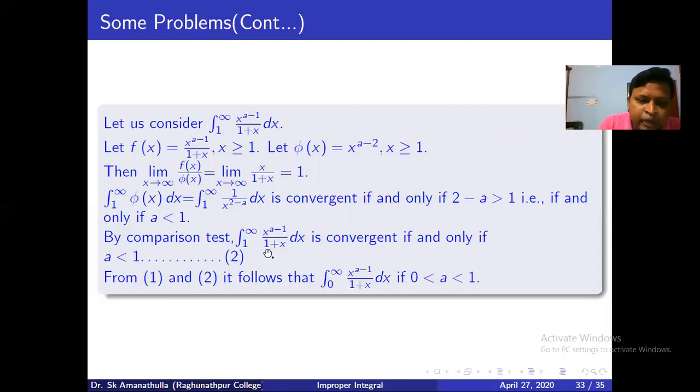So by comparison test, this integral is convergent if and only if a less than 1. From 1 and 2 it follows that integral 0 to infinity x to the power a minus 1 by 1 plus x dx is convergent if 0 less than a less than 1.